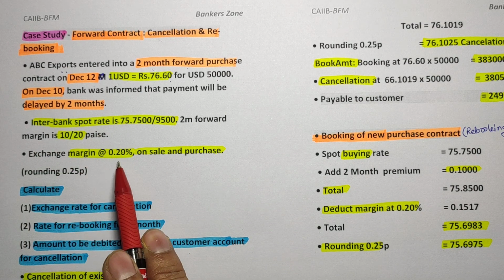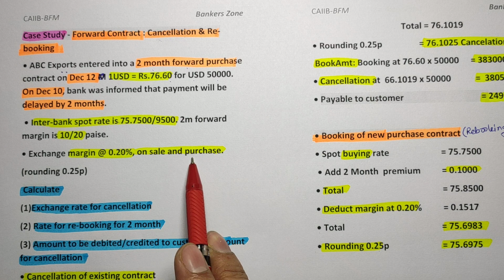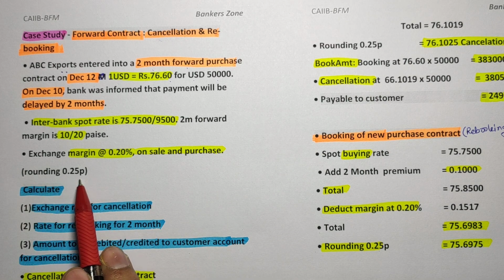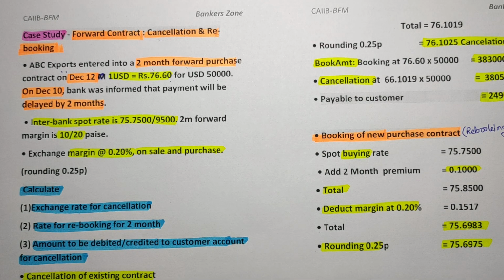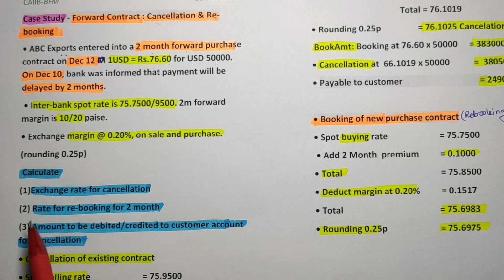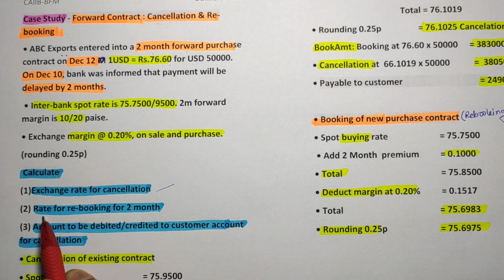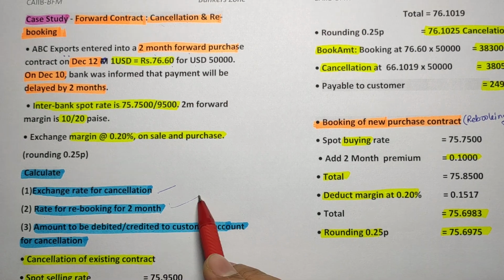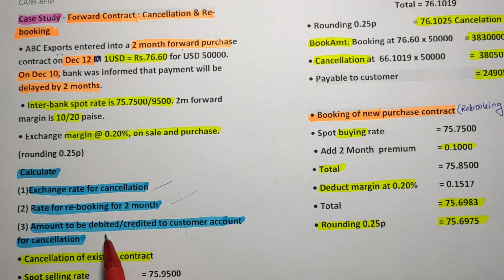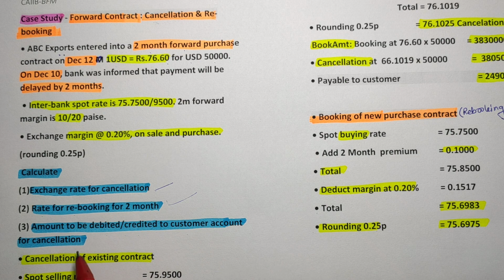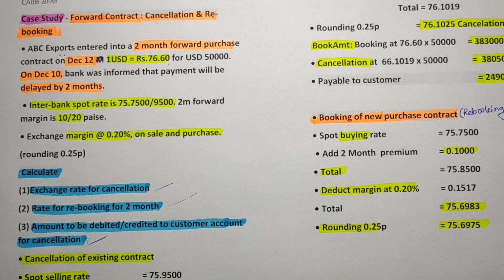The exchange margin given is 0.20% on the sale as well as the purchase, and rounding should be done at 0.25 paisa. Now they are asking to calculate the exchange rate for cancellation, the rate for the rebooking of 2 months, and the amount to be debited to the customer's account for the cancellation.